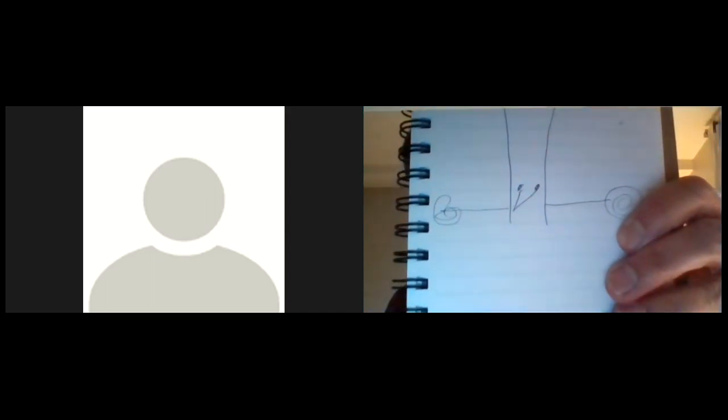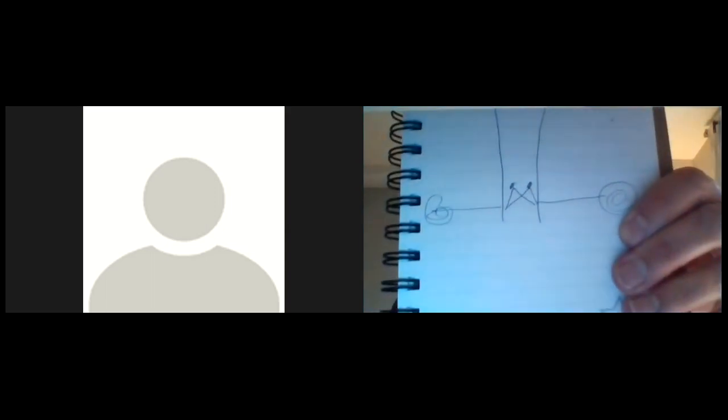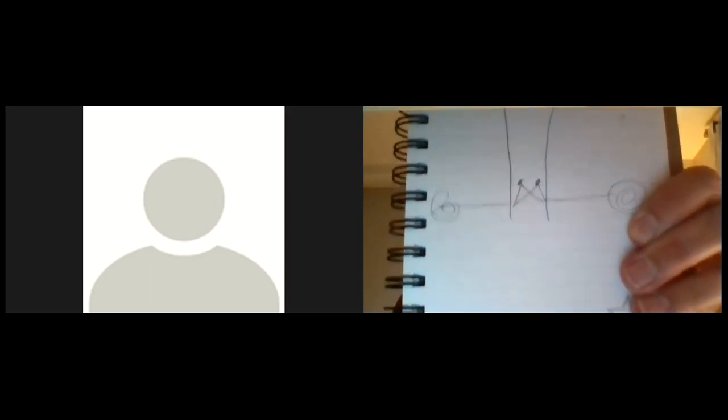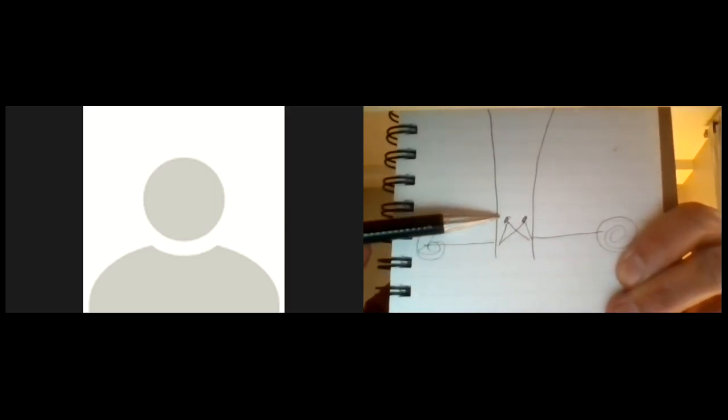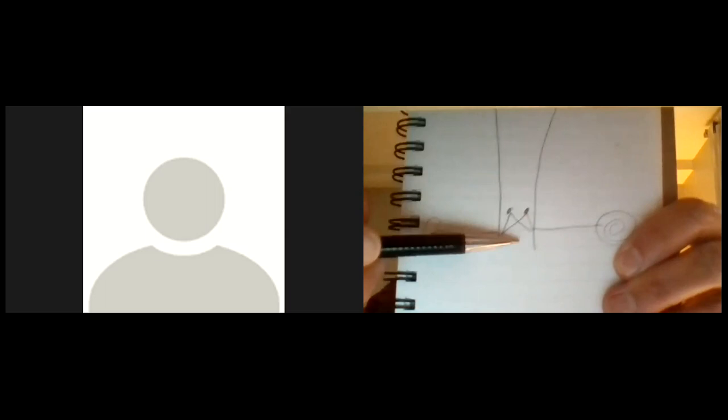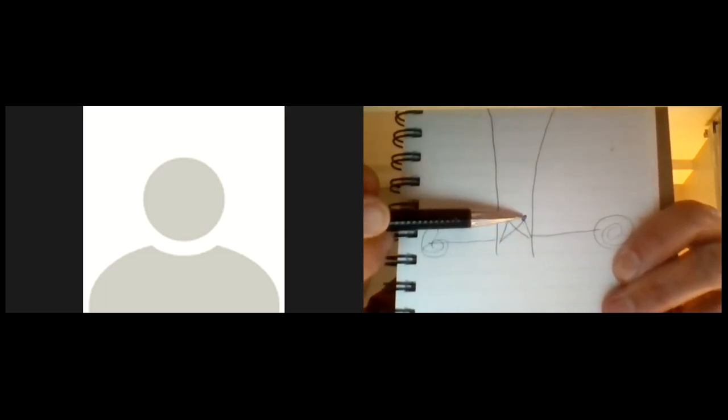Information goes here and here from that ear, and information goes here and here from the other ear. You see what just happened? You got crossover. Information goes up the same side, but it also goes across. Information from this ear goes up the same side, but it also goes across.